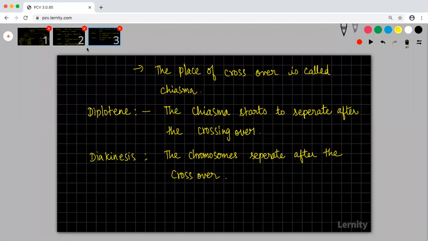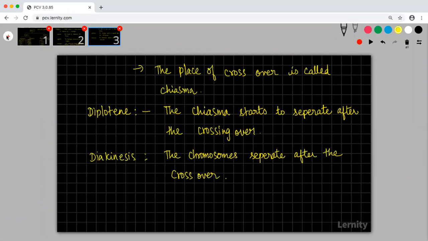All these things are happening inside the cell. In every cell, whenever a cell is about to divide through meiosis, the cell will undergo these changes. Chiasma will be there inside the cell.